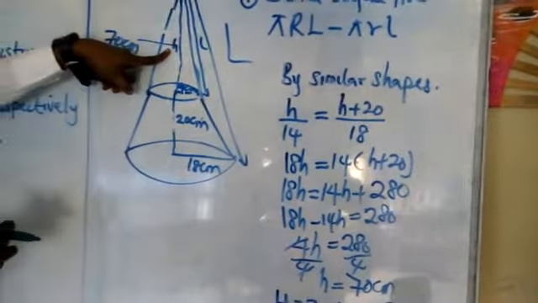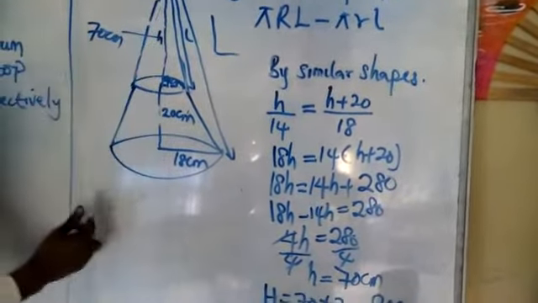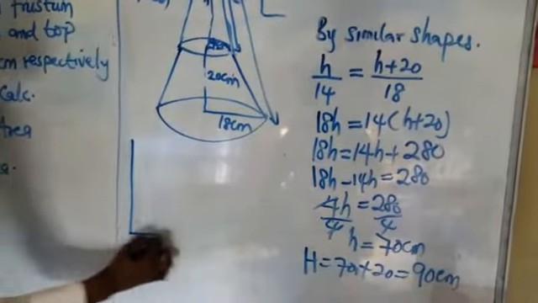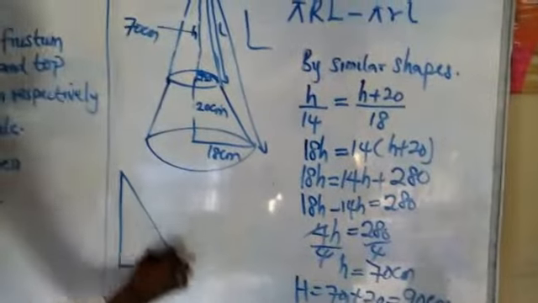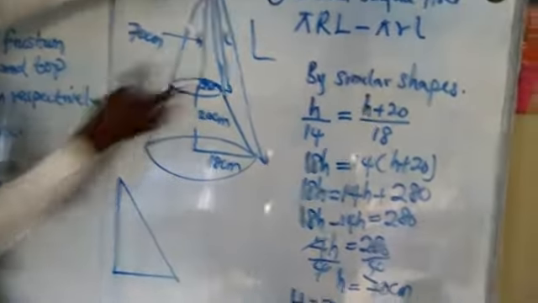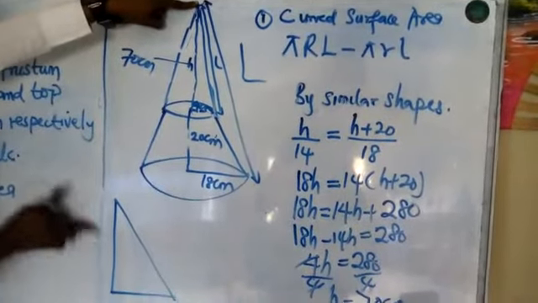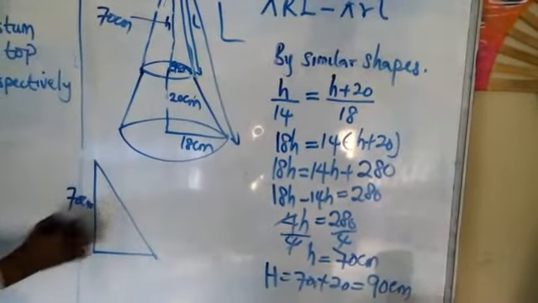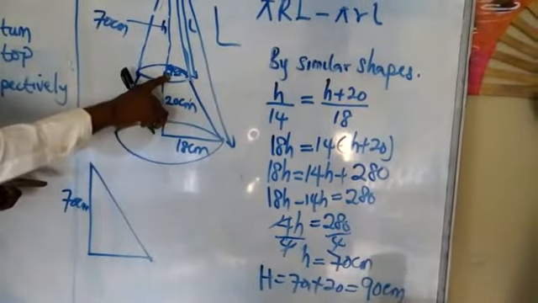Are you following, class? This has led us to a right angle triangle. It's better we determine all the parameters so that it will be easier to substitute the values. Let's assume from here to here is h, which we have resolved to be 70 cm. Already you know the radius, which is this top here.